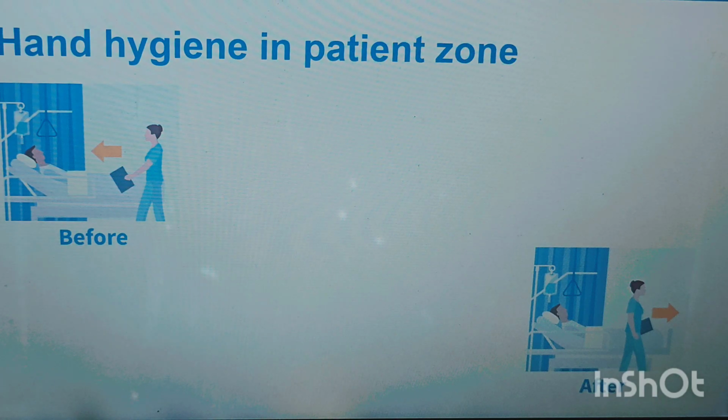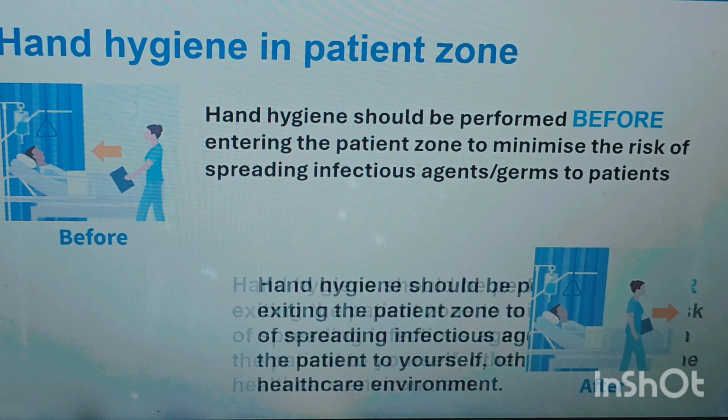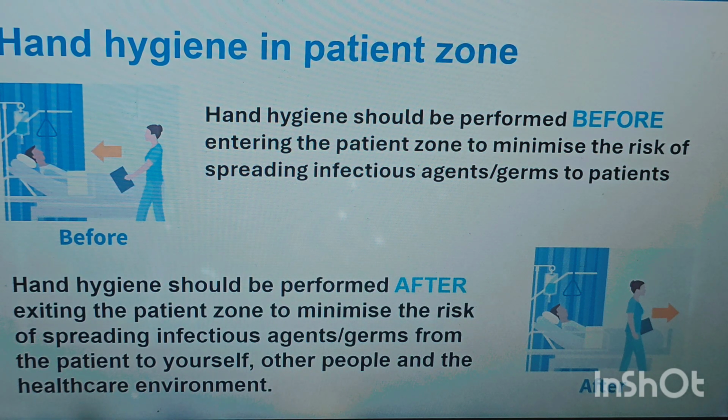Hand hygiene in the patient zone should be performed before entering the patient zone to minimize the risk of spreading infectious agents to patients, and after exiting the patient zone to minimize the risk of spreading infectious agents from the patient to yourself or other people and the healthcare environment.